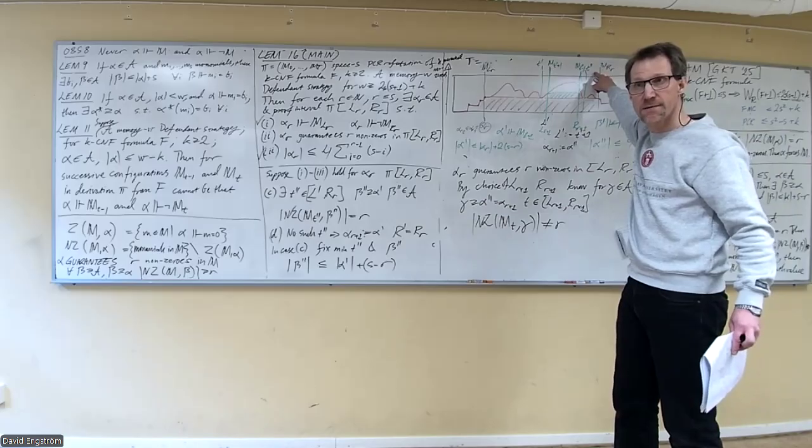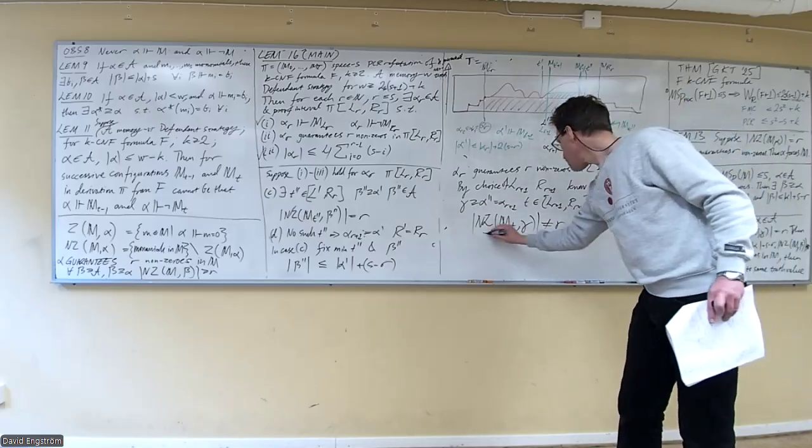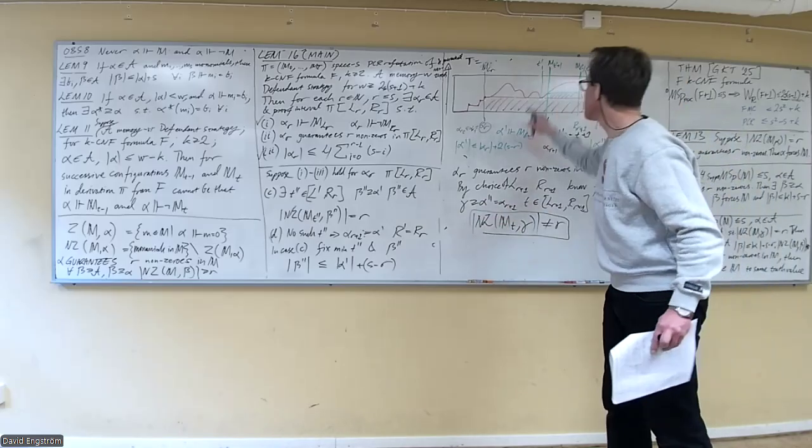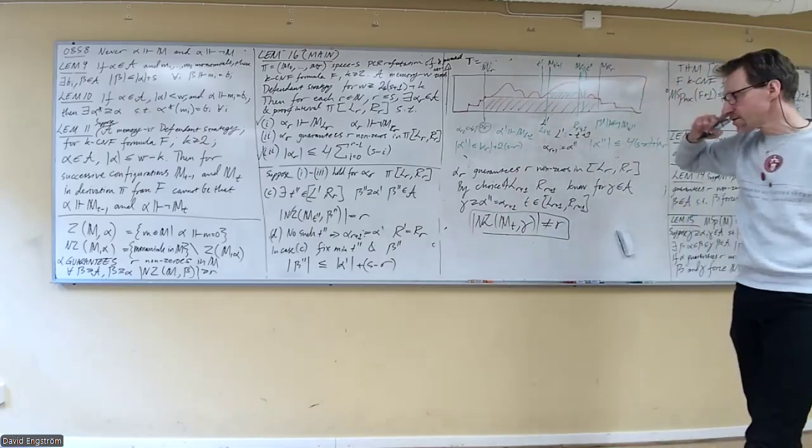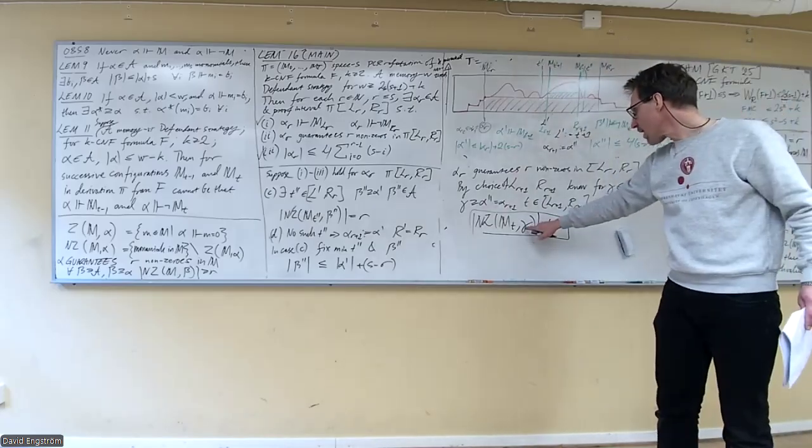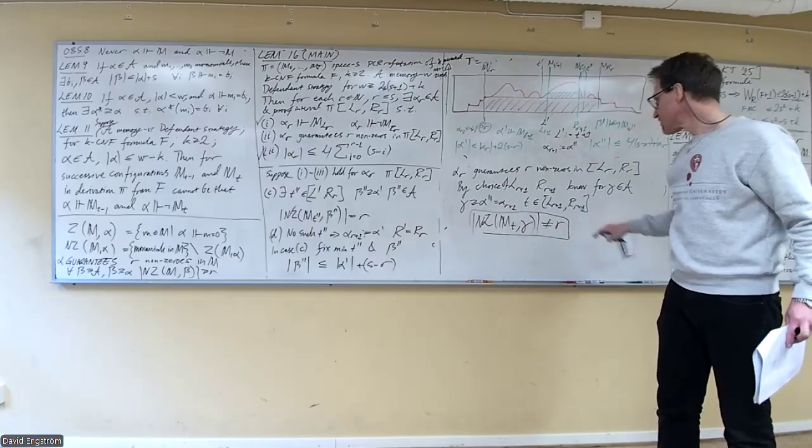Are you with me? Okay, so I know just because of the maximality of T prime and the minimality of T double prime, there is no gamma satisfying this for T inside this interval.